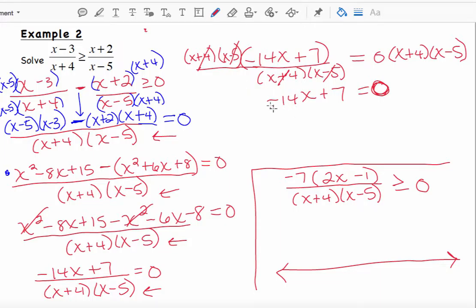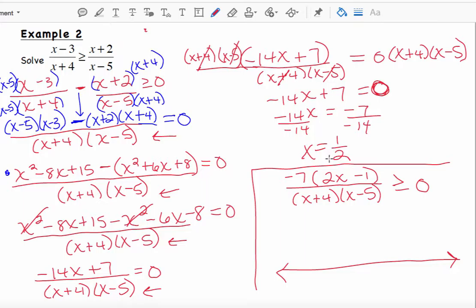And then you can solve what's left over, which will be your numerator set equal to 0. This is going to happen each and every time if you solve the way I did and combine your fractions together. So let's finish. Negative 14x is equal to negative 7. Divide by negative 14. And x is equal to a half. That's one of your critical numbers.